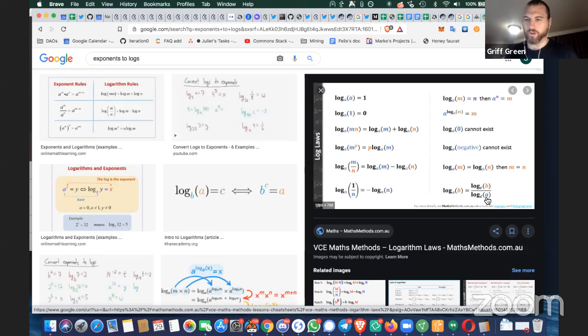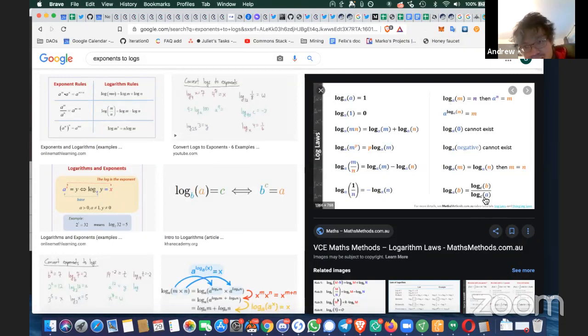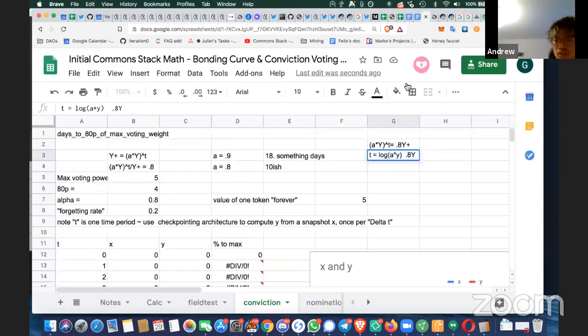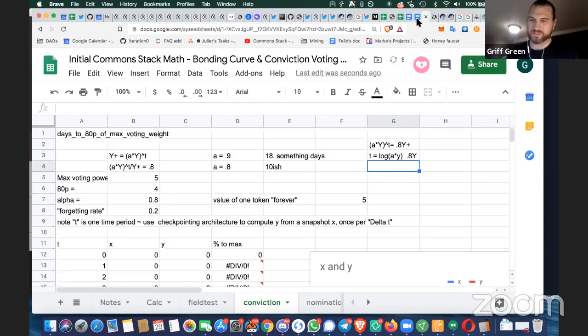Oh yeah, I used that in school. Logs are cool. So c could be anything. You could use ln or you could use log 10. Oh my gosh, I need to stare at this.